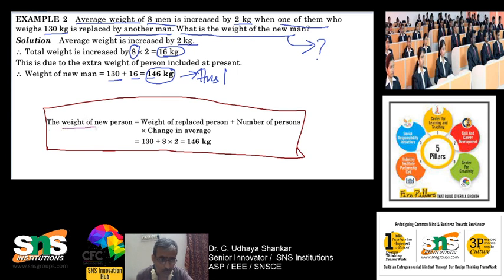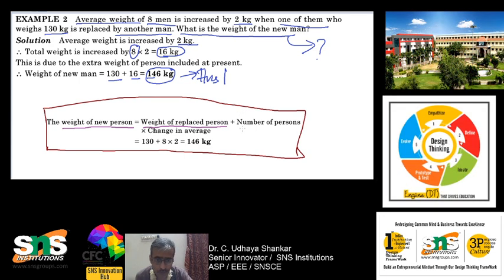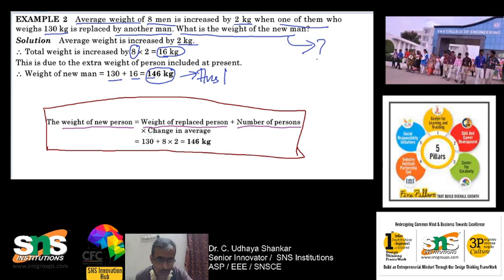The weight of the new person will be equal to the weight of the replaced person, which has been given as 130 kilograms, plus the number of persons, since he has been replaced it is nothing but 8 only, into the change in average, which has been given in the question as 2 kilogram.